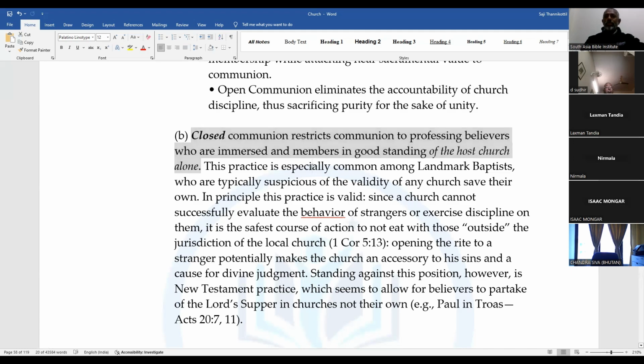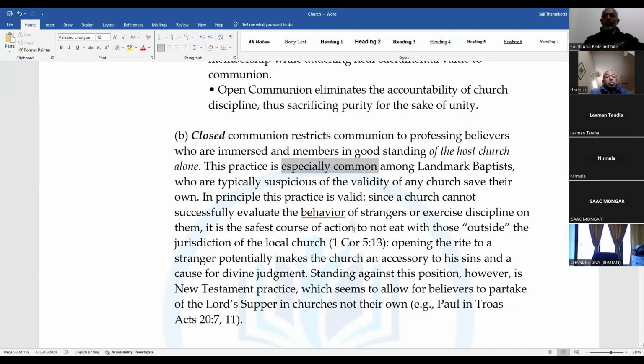This practice is especially common among landmark Baptists, who are typically suspicious of the validity of any church save their own. In principle, this practice is valid since a church cannot successfully evaluate the behavior of strangers or exercise discipline on them.